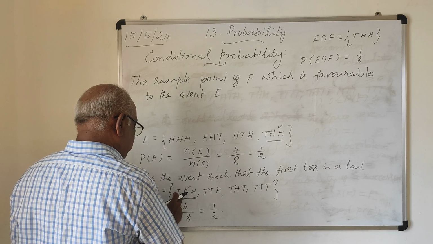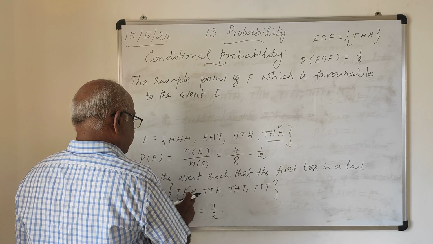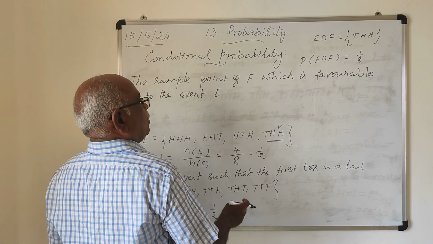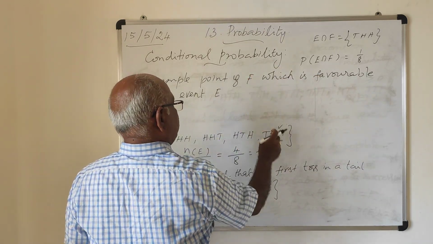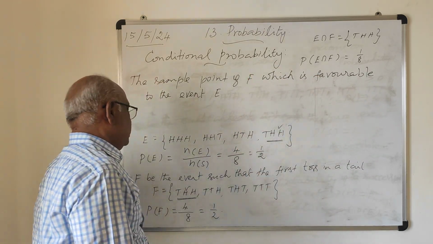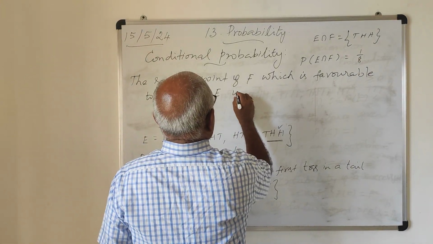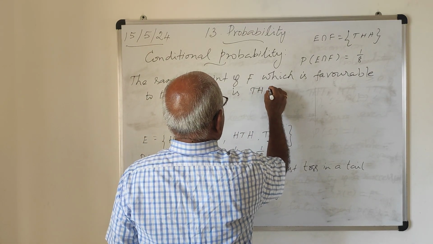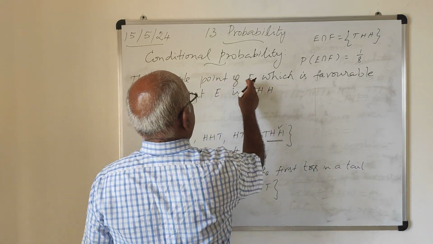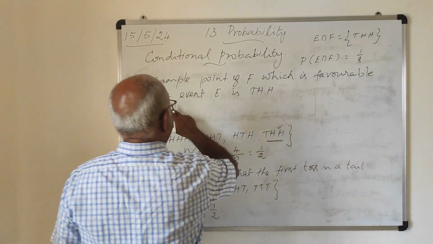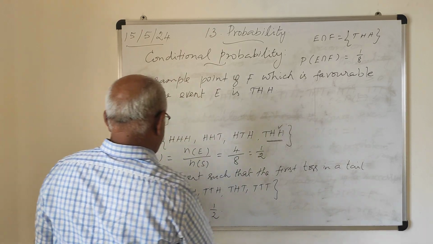The sample point of F, that is THH, is the favorable event in E also. So the sample point of F which is favorable to the event E is THH.